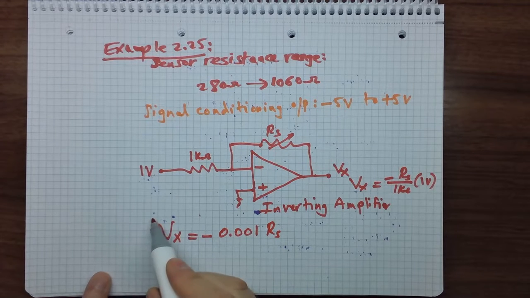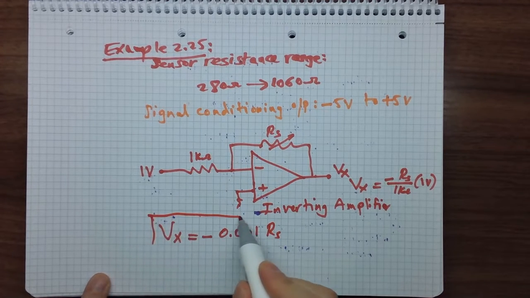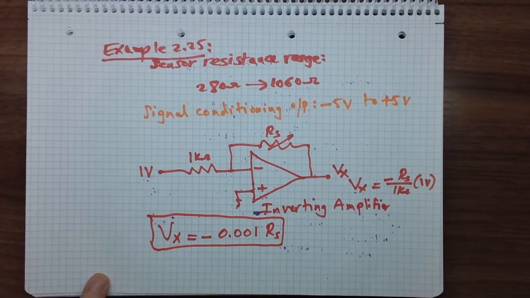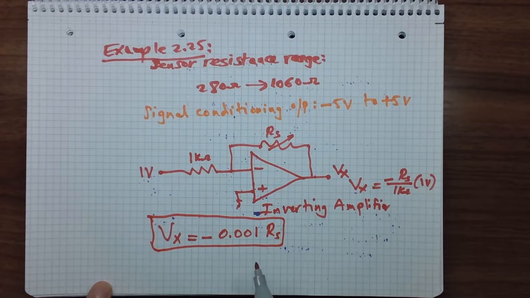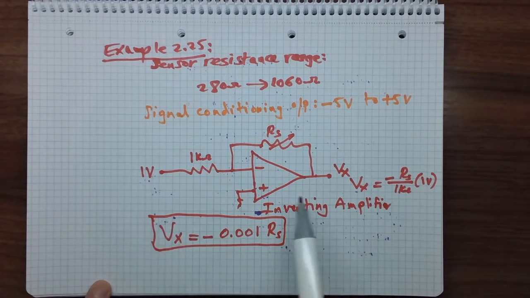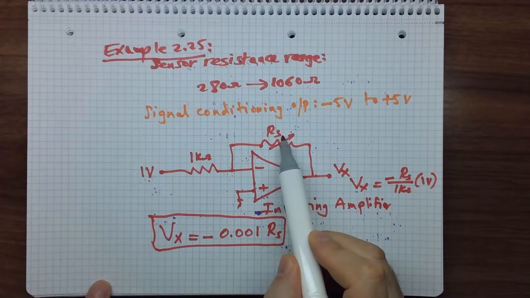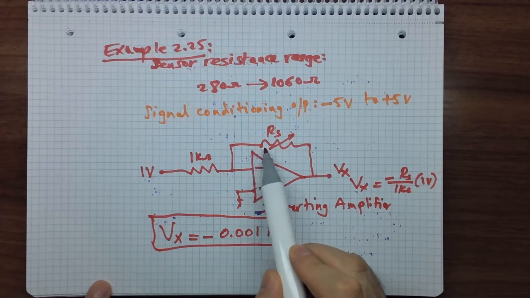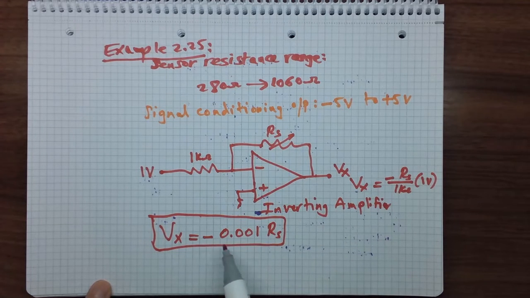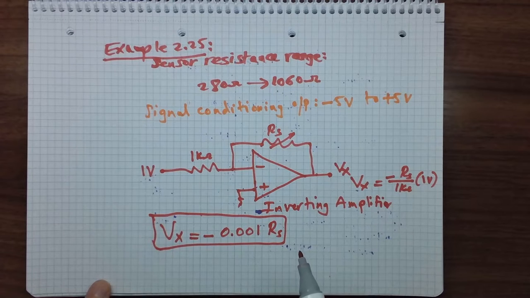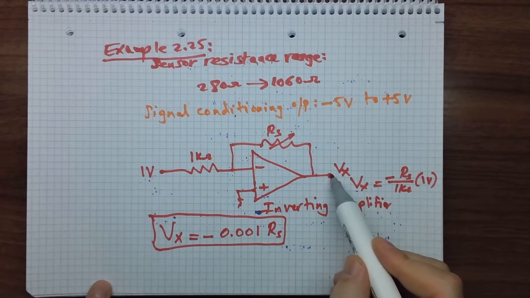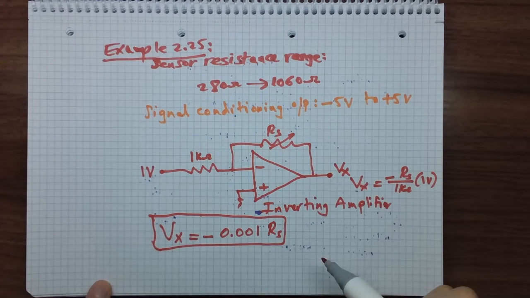So the relation that governs the output to the input, in this case the input is the resistance, which is in the feedback here, is a linear equation. Vx is equal to minus 0.001 times Rs. Then after that, the output of this inverting amplifier, we need to connect it to another circuit.